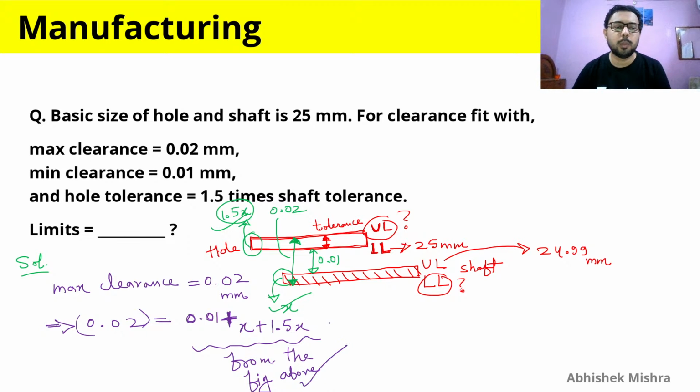So from the figure above we are getting this, and from here we will calculate x, and x is coming out as 4 into 10 to the power minus 3.